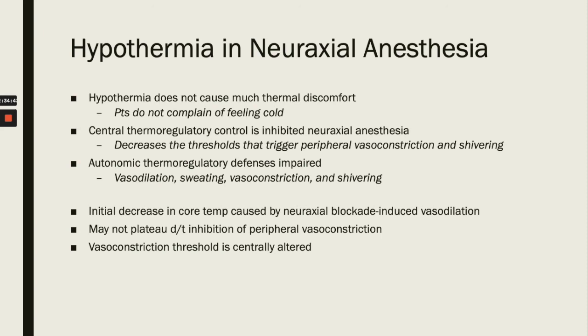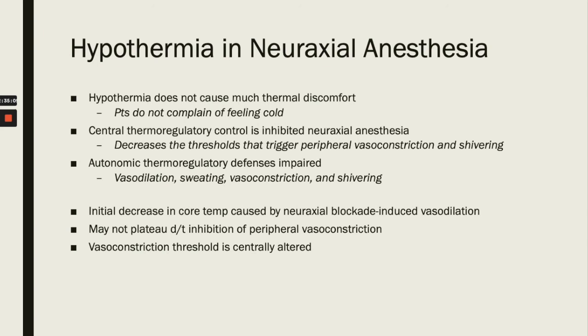Autonomic thermoregulatory defenses are impaired as well, so vasodilation, sweating, vasoconstriction and shivering. So the responses to heat and the responses to cold are impaired. We will see vasodilation, but that's just due to the drugs that are given in neuroaxial anesthesia, like in an epidural or a spinal.